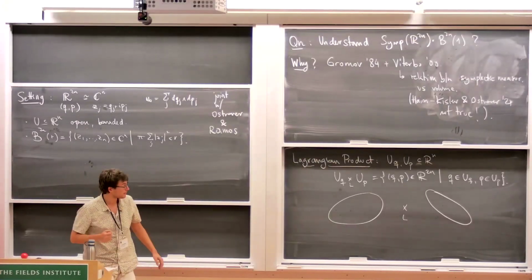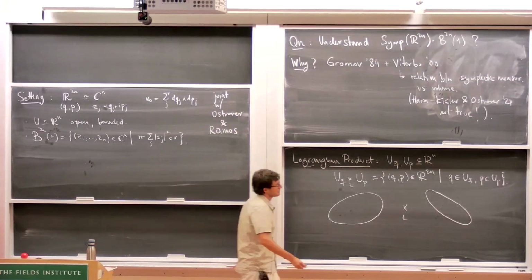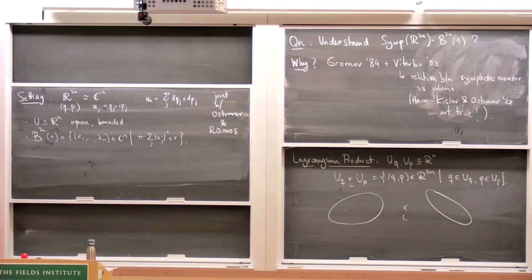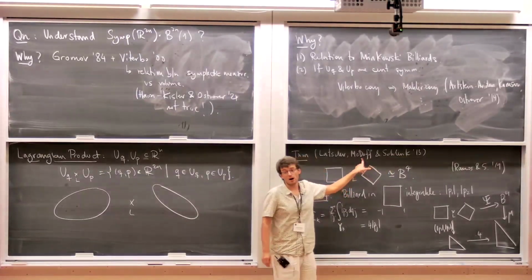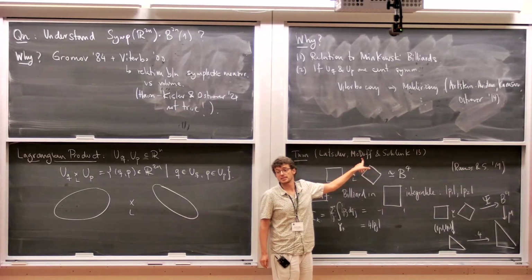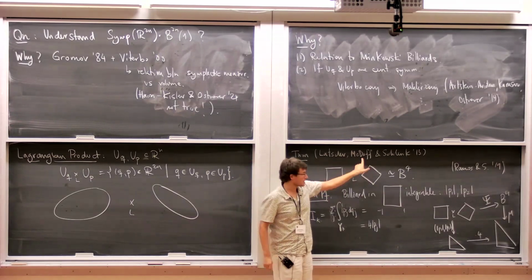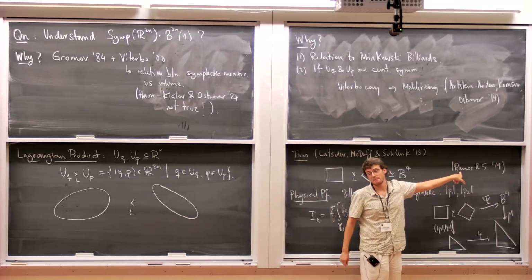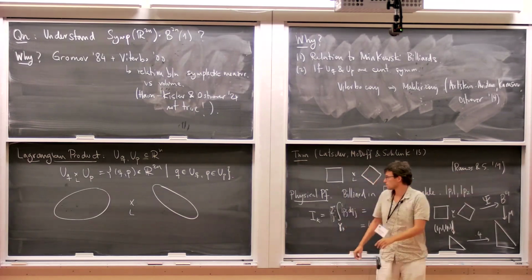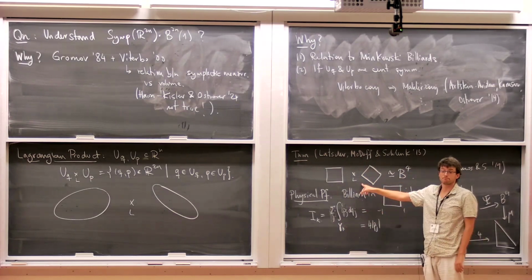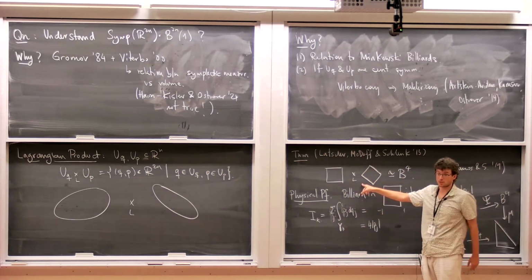Whereas Latchev, McDuff, and Schlenk used ideas of Schlenk's thesis together with a very powerful result due to McDuff that says that the space of symplectic embeddings of a closed ball into an open one is connected. So this is something that's come up time and again in various guises today. Whereas our proof is a very layman's proof. It doesn't use any pseudo-holomorphic curves. But their proof only works in dimension 4, because McDuff's result is a 4-dimensional result.